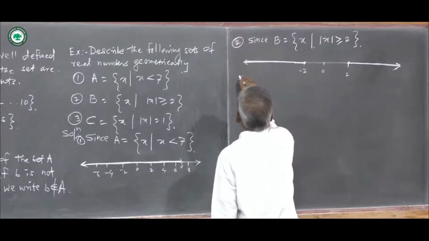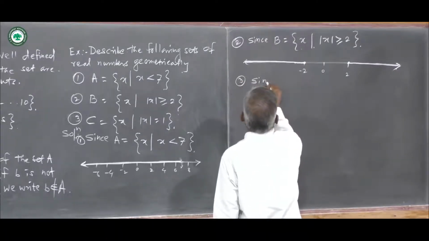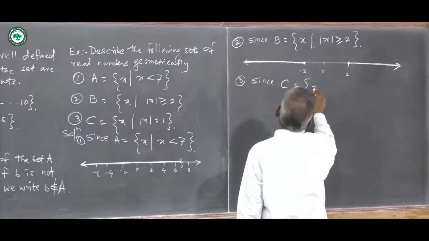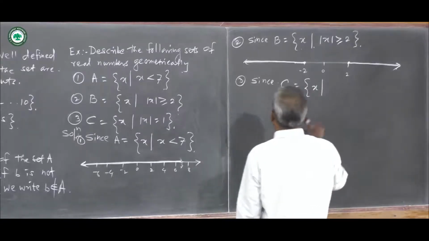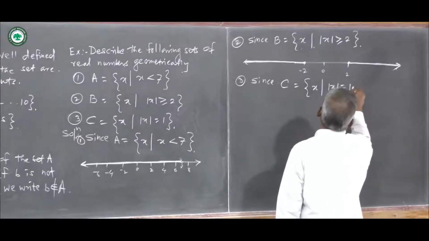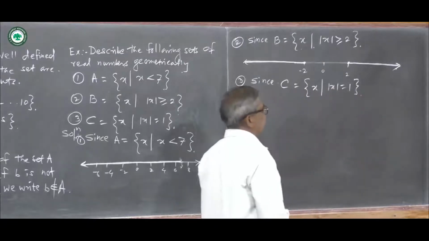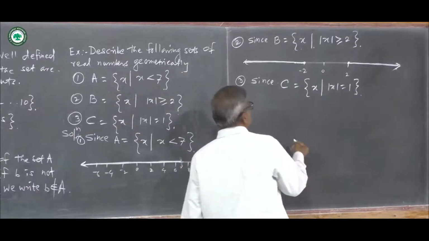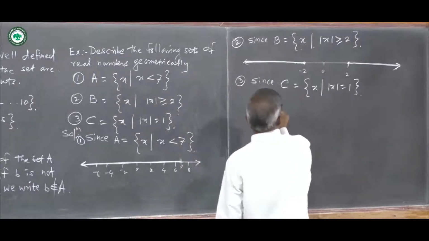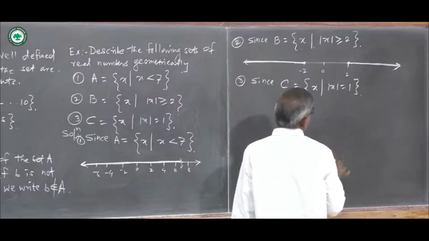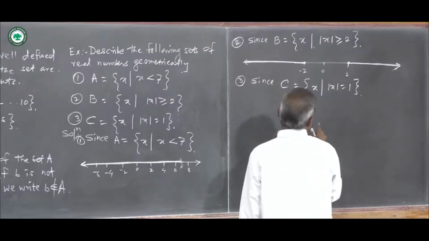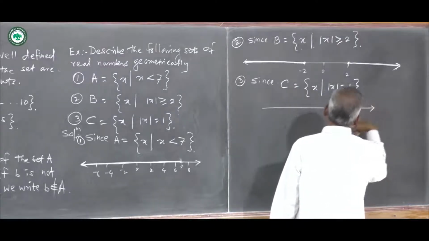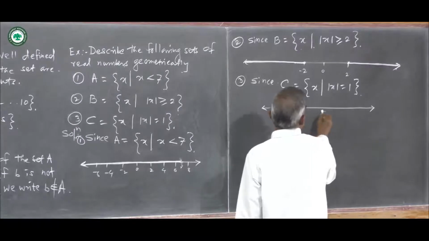Third one. Since capital C is the set of all x such that mod x equals 1, we have only 2 points whose modulus is equal to 1.